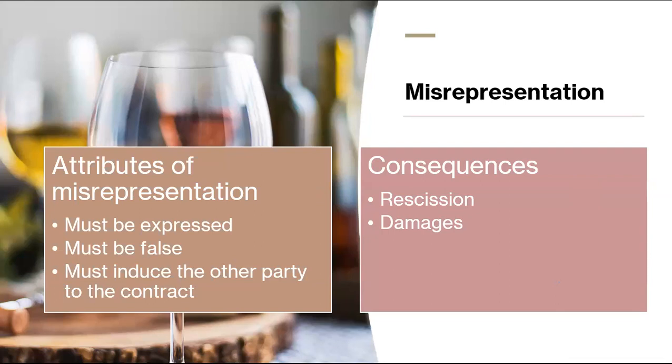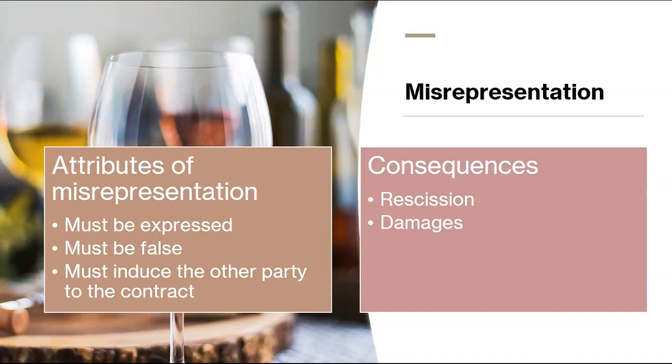He's kind of a swindler. If he has bad intention, then he will be a swindler. And in short, misrepresentation is something untrue that induces the other party into the contract.